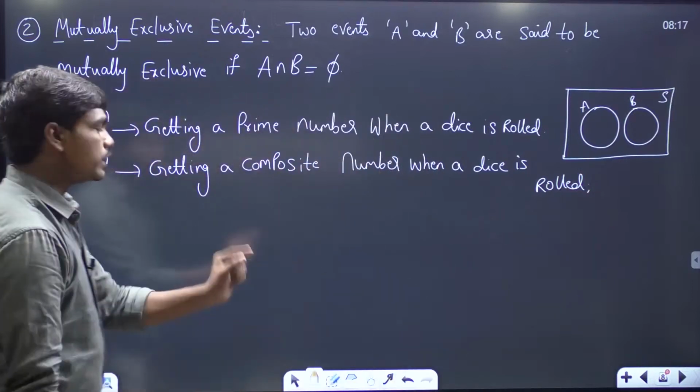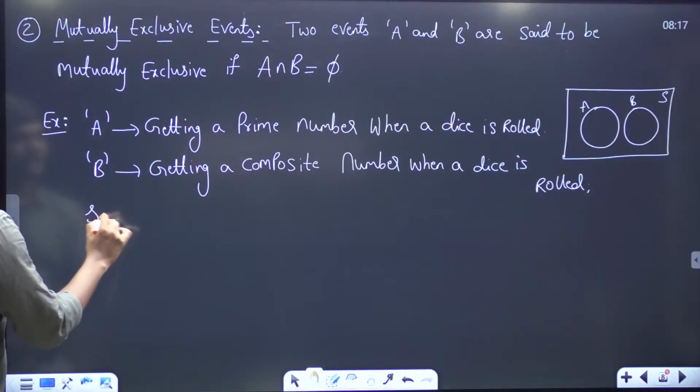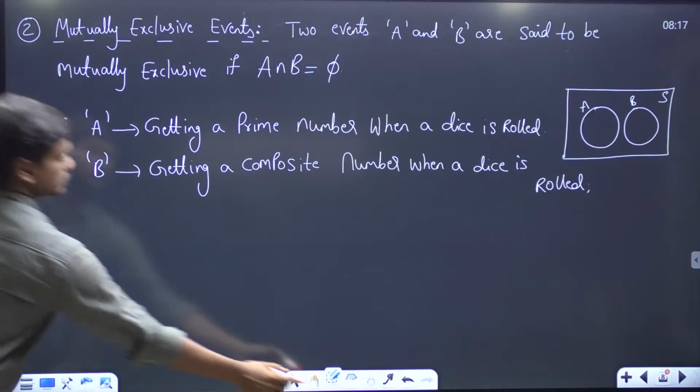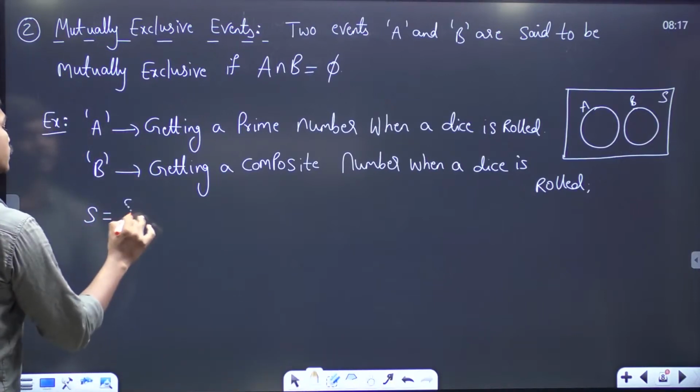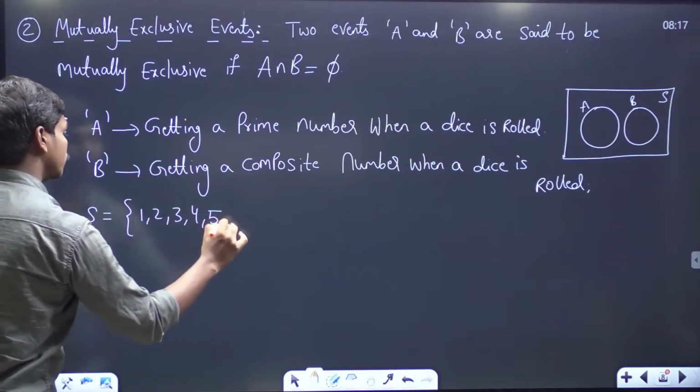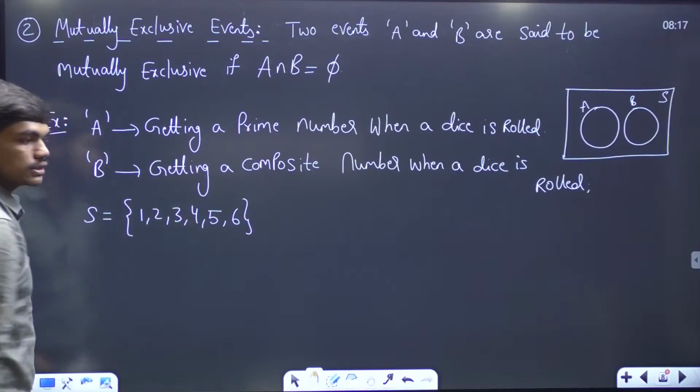So when you are rolling a die, what's the sample space? Let us write capital S. S is equal to {1, 2, 3, 4, 5, 6}. So this is the sample space.